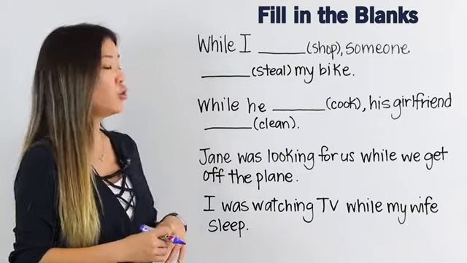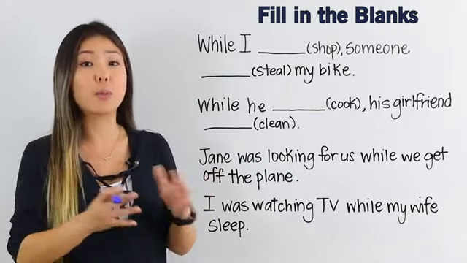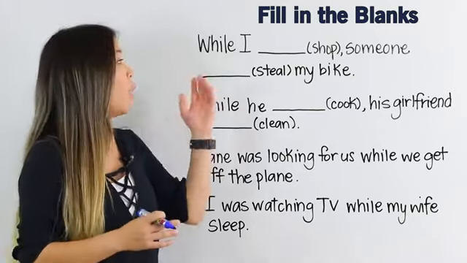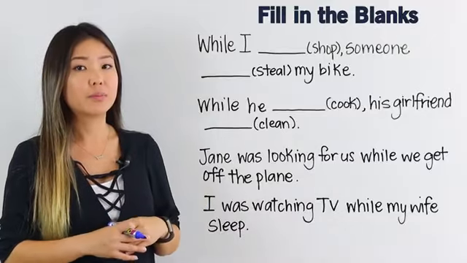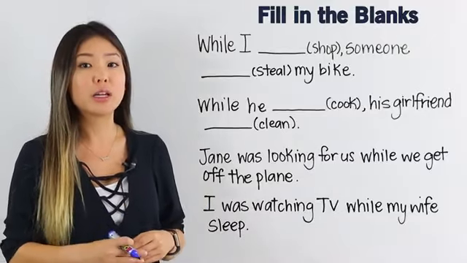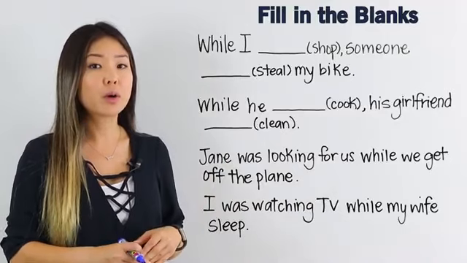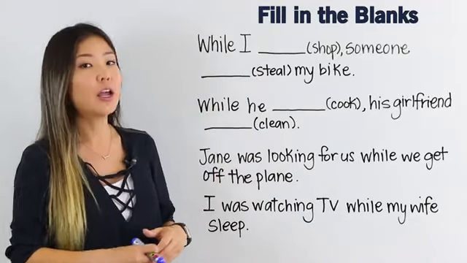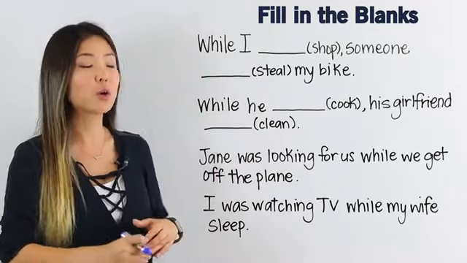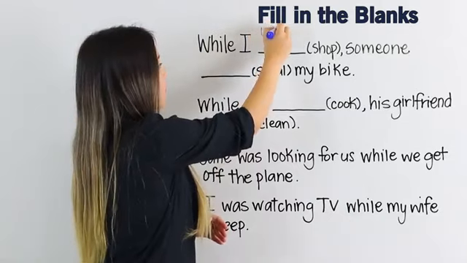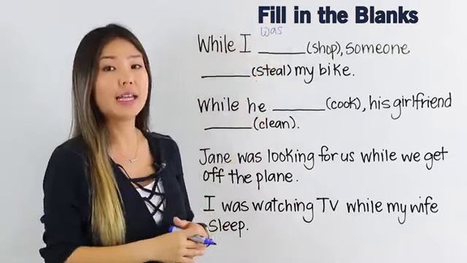So, we need to use the past continuous for both actions. While I blank, I want you to use shop in the first blank. Remember, the subject here is I, so I need to use the be verb was, then verb ing.